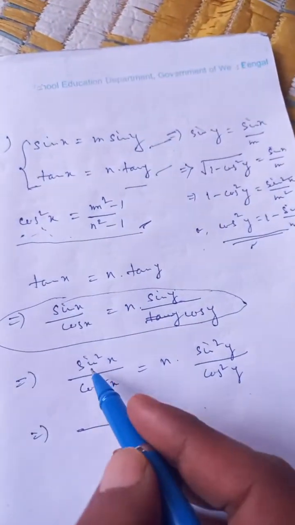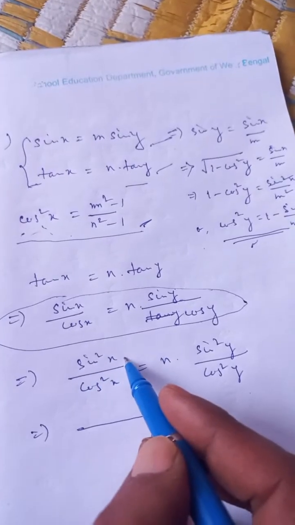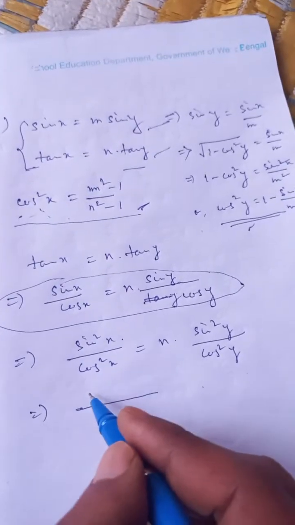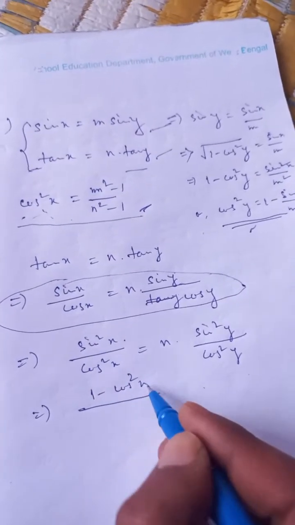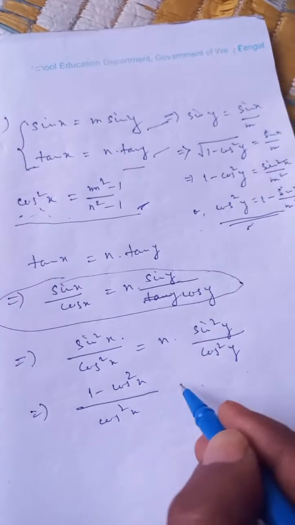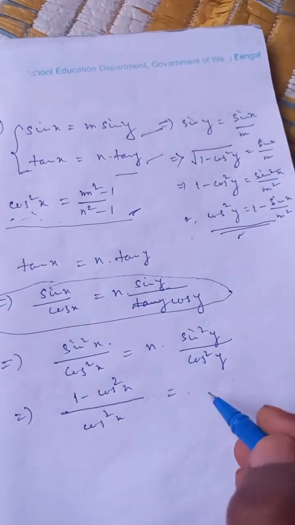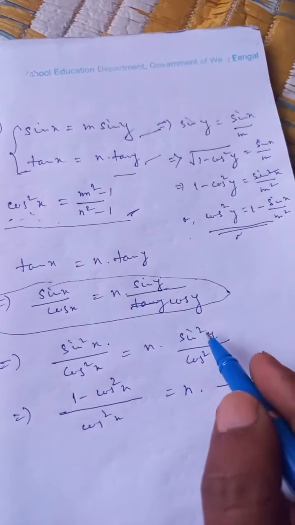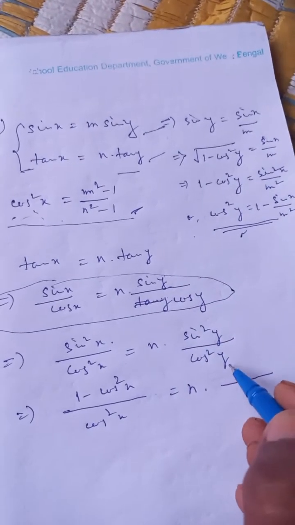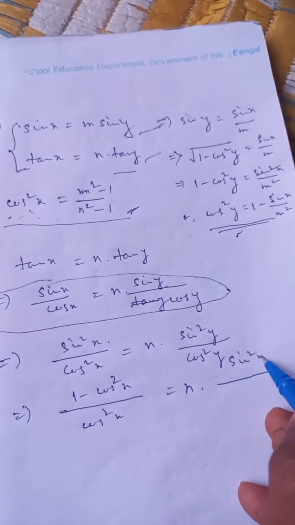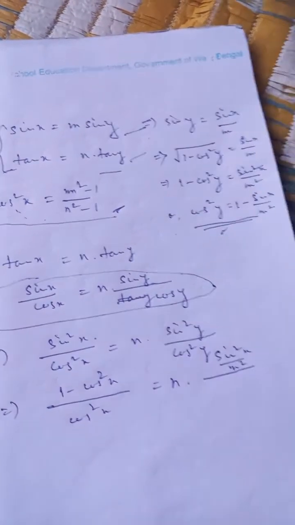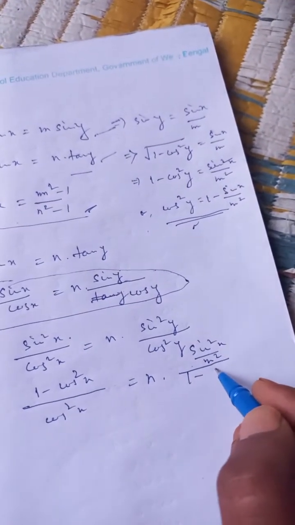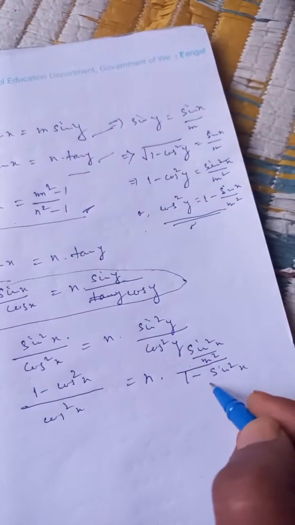We know that sin square x plus cos square x is equal to 1. So sin square x is equal to 1 minus cos square x, by cos square x, and here it will be n square into sin square y, meaning sin square x by m square, and cos square y is 1 minus sin square x by m square.